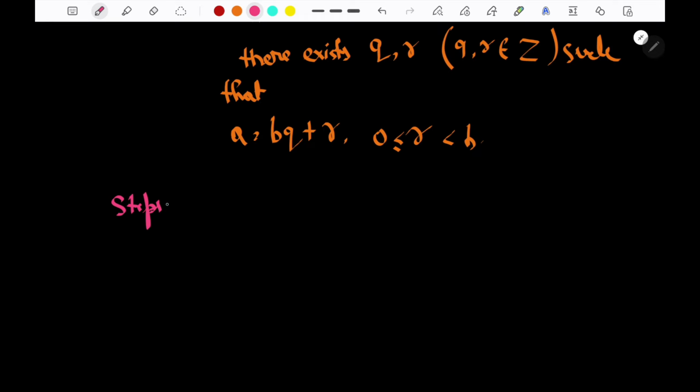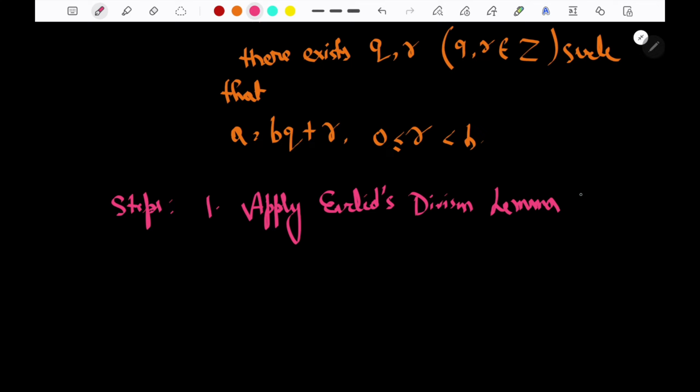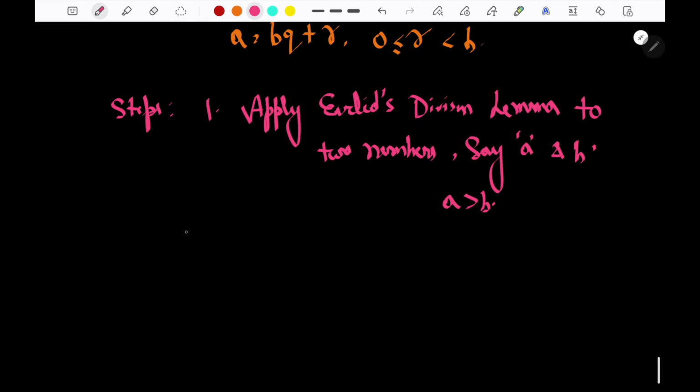So this is the way in which we find HCF. What are the steps? First, apply Euclid's division lemma to two numbers, say a and b, where a is greater than b. Second, if r is equal to 0, HCF will be the smaller number, so HCF is equal to b.